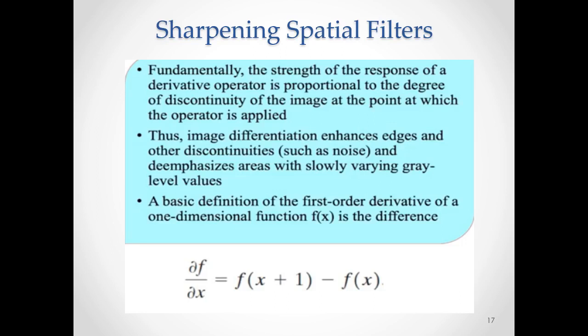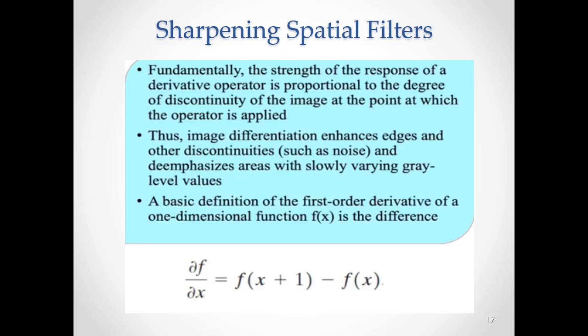For example, if we consider this pixel as f(x), the next pixel value will be f(x+1). The previous pixel value before this pixel is f(x-1). So, we can use these values in this definition and define the first order derivative and second order derivative. f(x+1) minus f(x): this value minus this value will give the first order derivative.